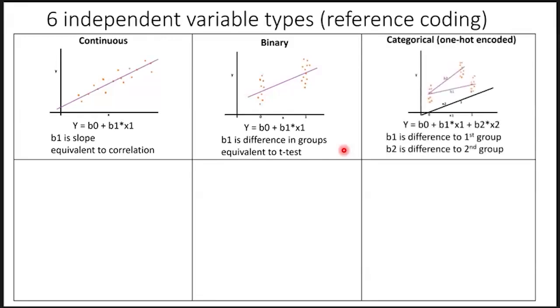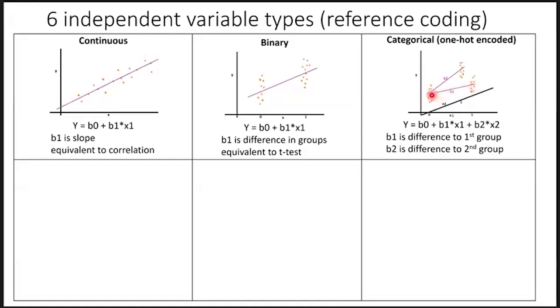Okay, now we run into our first problem. If we have a categorical variable that has more than 2 groups, it can't be binary, it can't be 0 or 1, so the model automatically divides it into many binary variables. It's called one-hot encoding. So for example, we have 3 groups, but the model translates it into 2 categorical variables, where the first coefficient will be the difference from our reference group to the first group, okay?